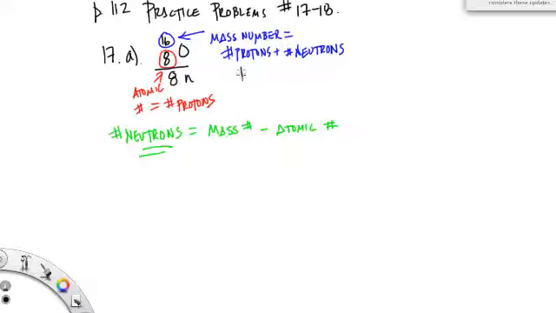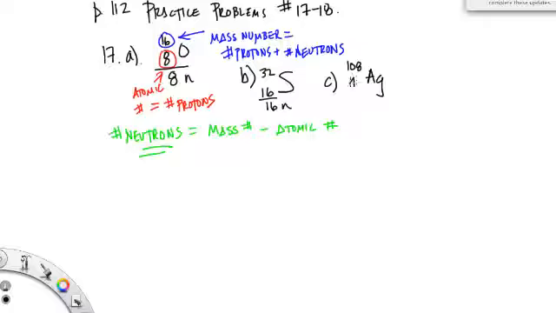Our next example, letter B, is sulfur 32, and its atomic number is 16. So 32 minus 16 is 16. It has 16 neutrons. In letter C, silver has a mass number of 108.